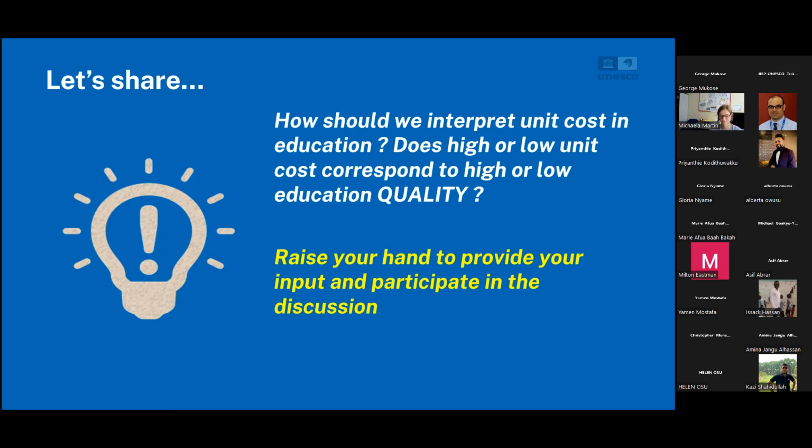The number rose from 2.4 million children to 7.8 million. So we had so many children coming to school, but up to now we are struggling with the issue of quality.